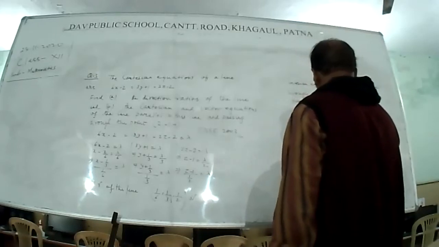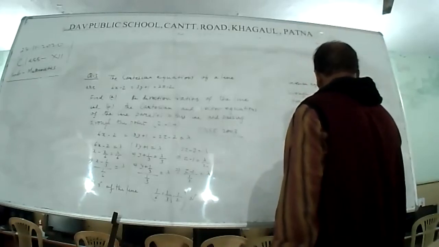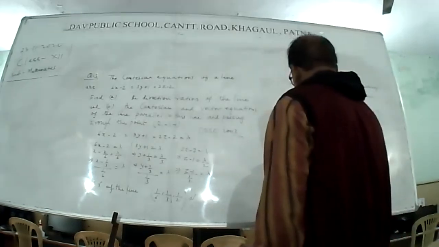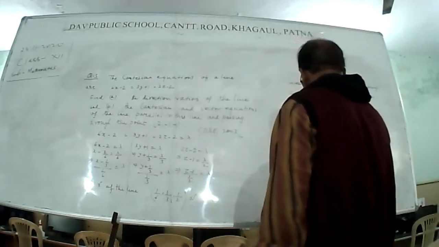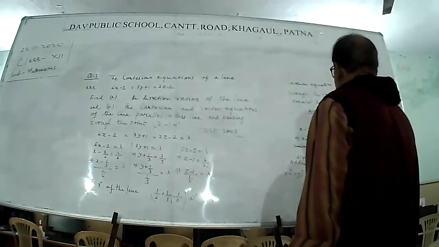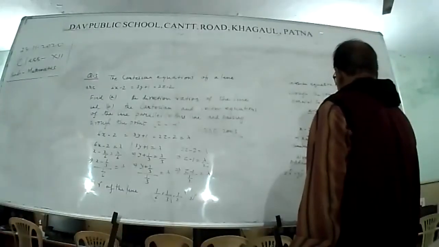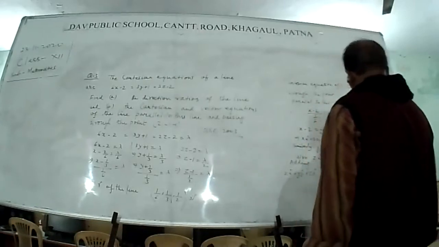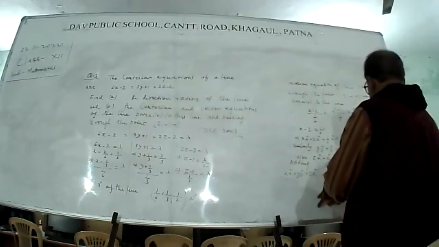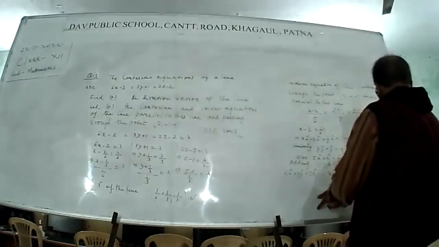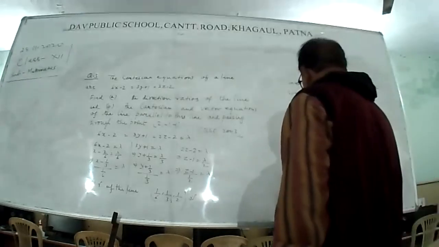Adding first, second and third, we get xi unit vector plus yj unit vector plus zk unit vector minus 2i unit vector plus j unit vector plus k unit vector is equal to 1 by 6 i unit vector plus 1 by 3 j unit vector plus 1 by 2 k unit vector into lambda. So this implies r vector.